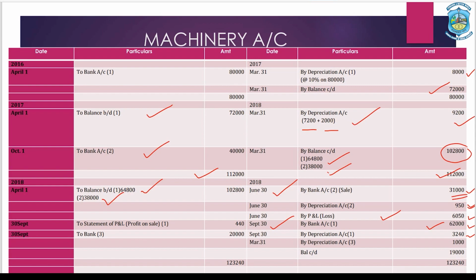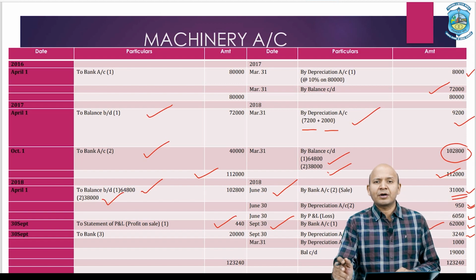That means there is profit on sale. The value of this machine on 30th September is 61,560 and this is being sold for 62,000, which means there is a profit of 440. This 440 we need to record it in the debit side of the asset account.